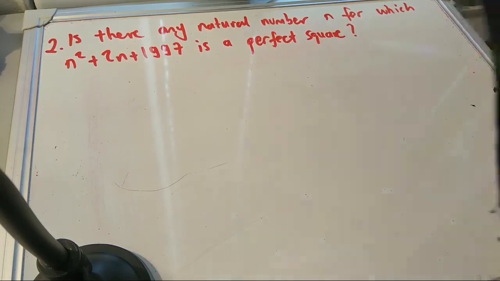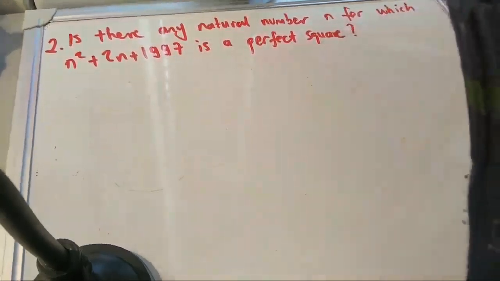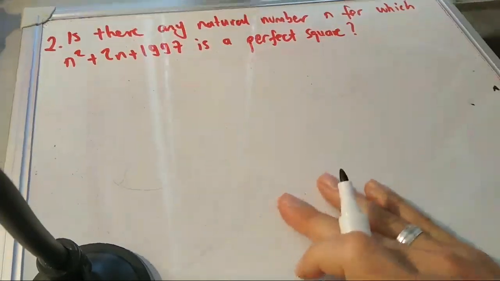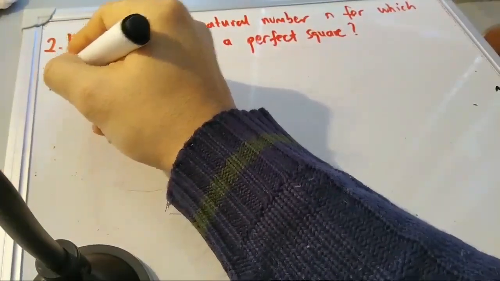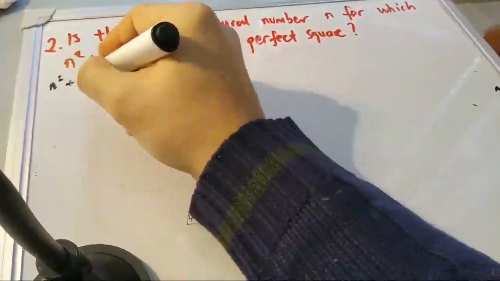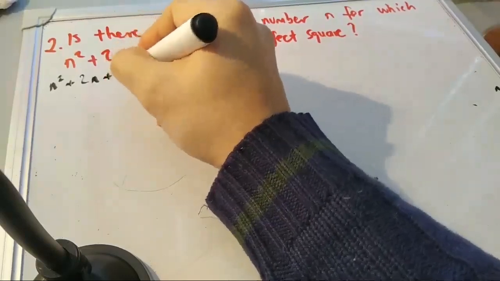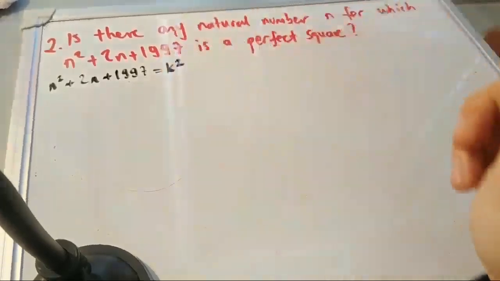If n squared plus 2n plus 1997 is a perfect square, as the question gives us, we can start from here. n squared plus 2n plus 1997 is equal to k squared, right?